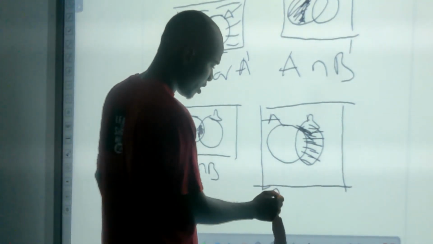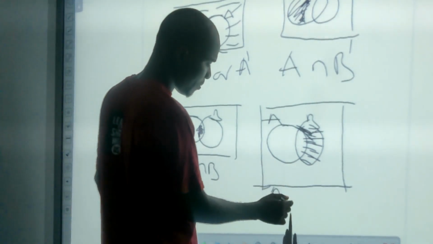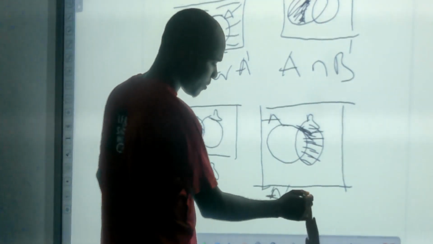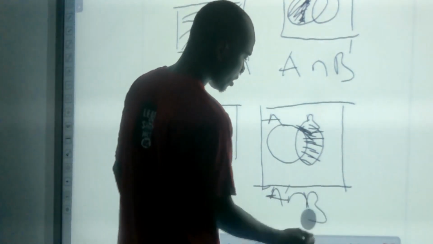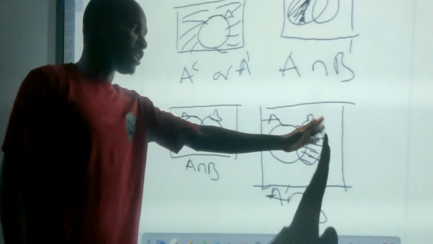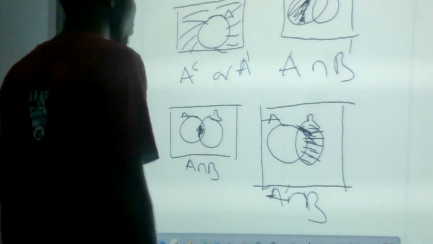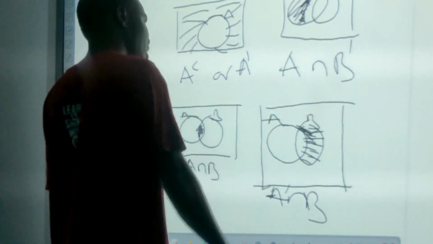So we have A prime intersection B. A prime intersection B is where we only shade the part that belongs to B alone, not what is in A. If we shade outside and don't shade inside, what would that be?